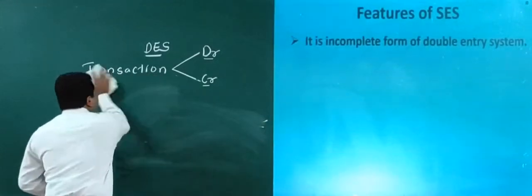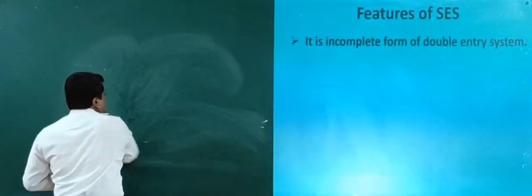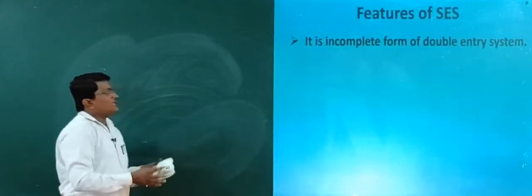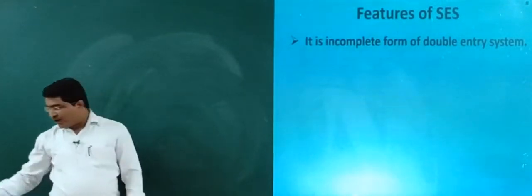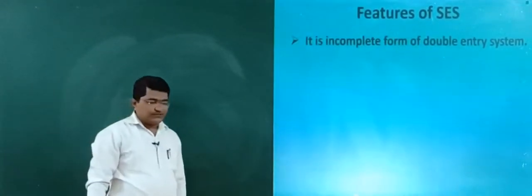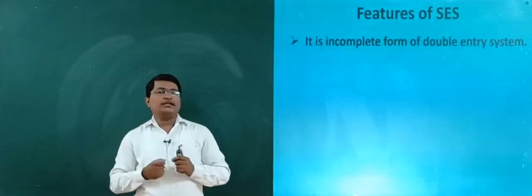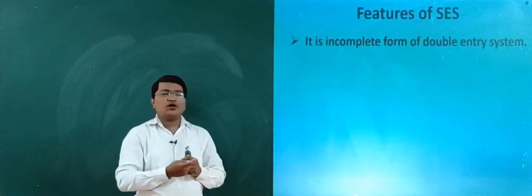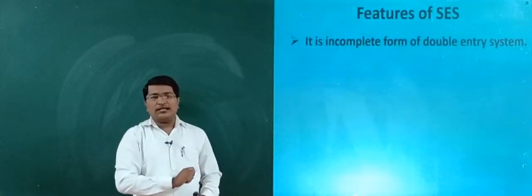In that, the first one is, it is an incomplete form of double entry system. As you know, double entry system records two entries. One is a debit entry and one is a credit entry. But single entry system records only one entry.